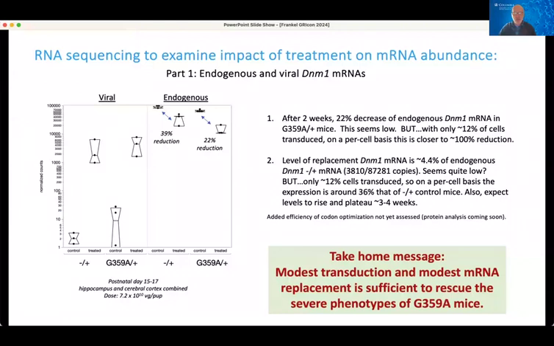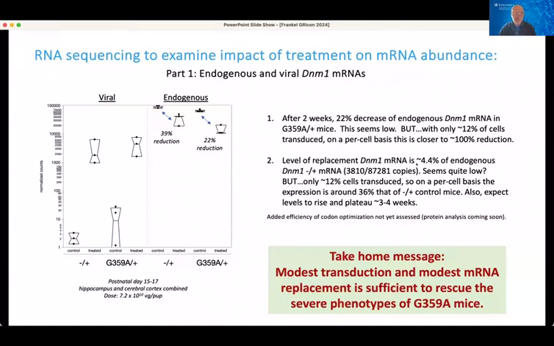We measure this at 2 weeks because we want to have the untreated mutant mice still around. And we saw across the cortex and the hippocampus a 22% decrease of endogenous DNM1. That seemed low, but if you calculate based on the amount of transduction on a per cell basis, we reckon this is close to 100% reduction of DNM1. So that seems fine.